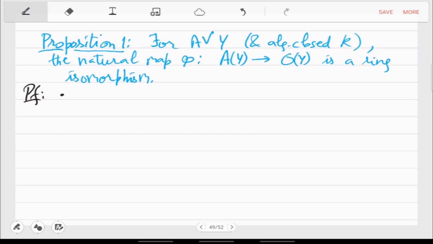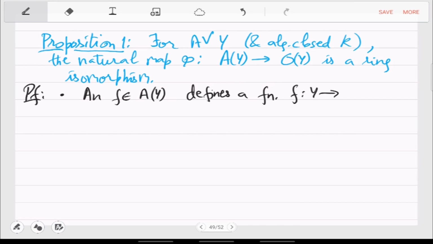The way you prove this is: any f in AY, any polynomial, defines a function from Y to k, because clearly if f is a polynomial, you can evaluate it at whatever point you want, there is no issue of division by 0.